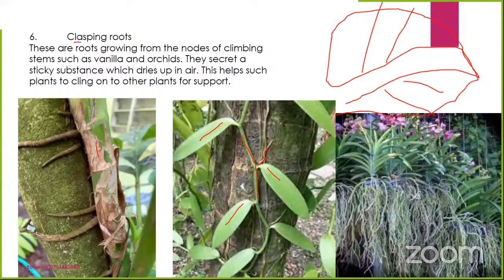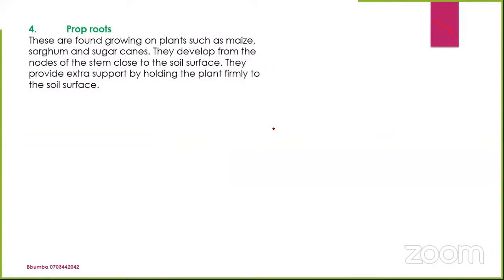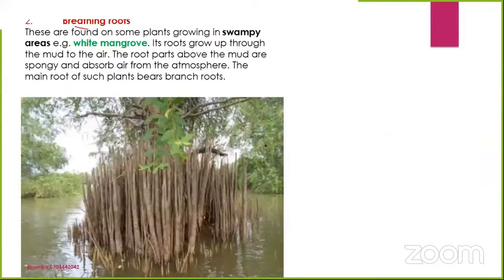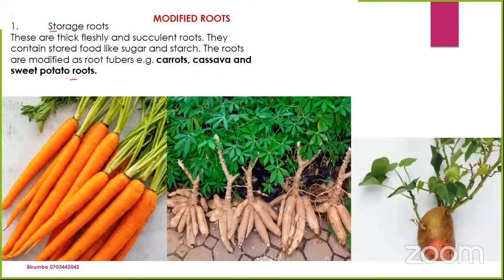Cassava is a whole plant, which has leaves, a stem, and roots. So the modified form, the storage roots, is possessed by the plant. I hope you are getting it.